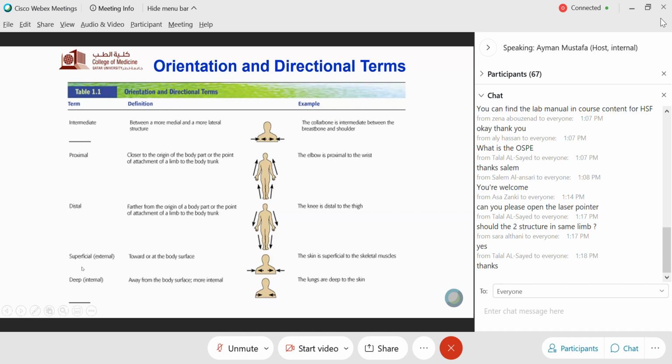Another pair of terms, superficial and deep. When the structure is closer to the surface of the body, and I don't care which surface, is it the anterior surface or the posterior surface? The one closer to the surface, I'm going to call it what?